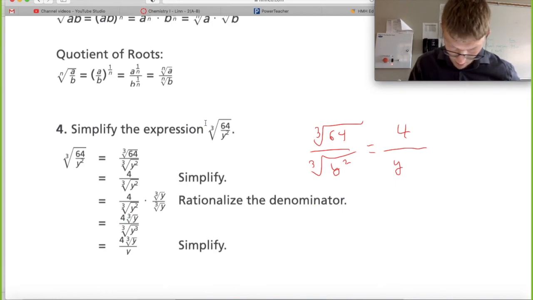So here we go. Where were we? Cube root with y squared underneath. So to rationalize, you're going to times your fraction by a really fancy version of 1, where cube root of y over cube root of y.